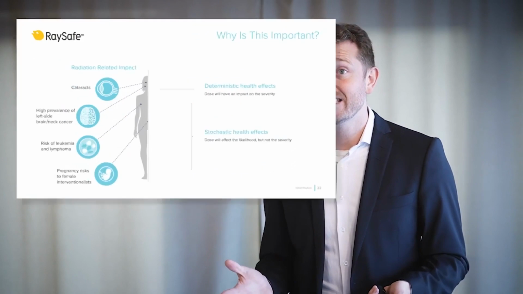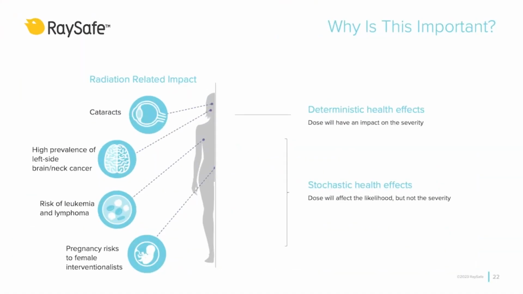Most of the time, staff is placed on the right side of the patient. This means that the staff closest to the patient has its left side of the body closer to the patient and the radiation source. It is also common to lean forward towards the patients, increasing dose to head and eyes.